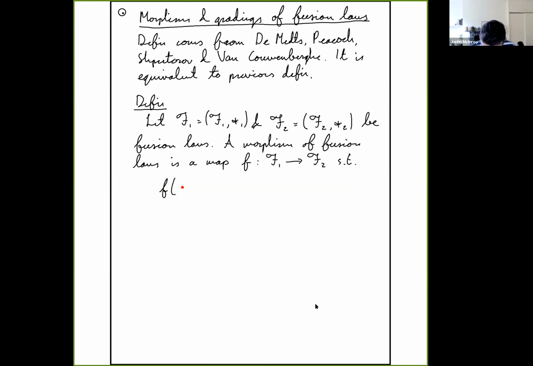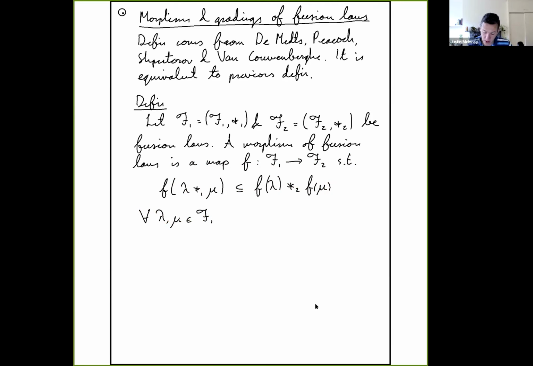So if I do f of, let's say, lambda star mu in the first fusion law, this should be contained in f of lambda star f of mu in the second fusion law, for all lambda and mu in the first fusion law.